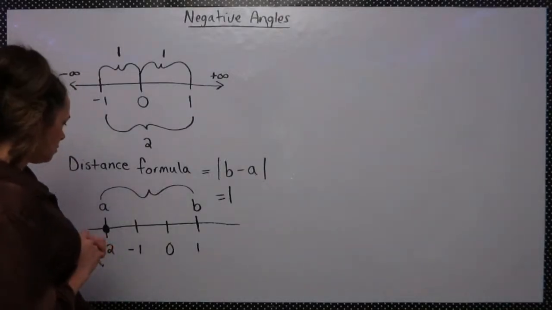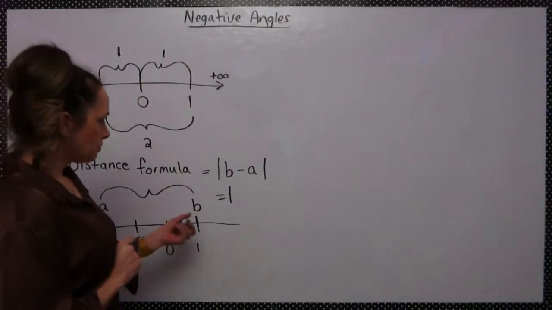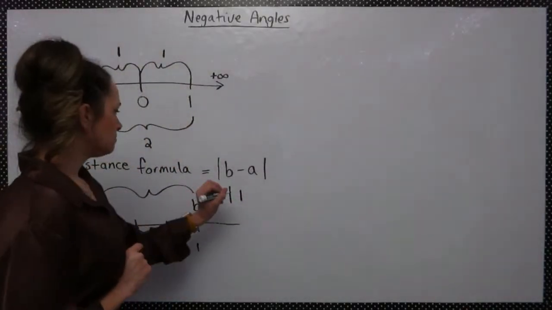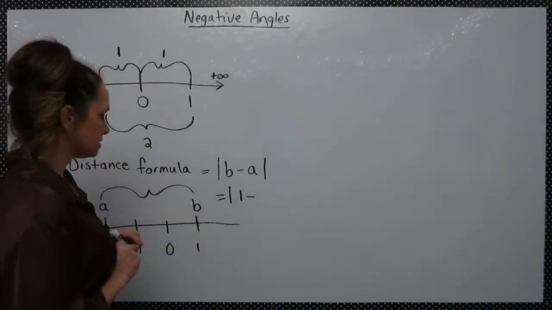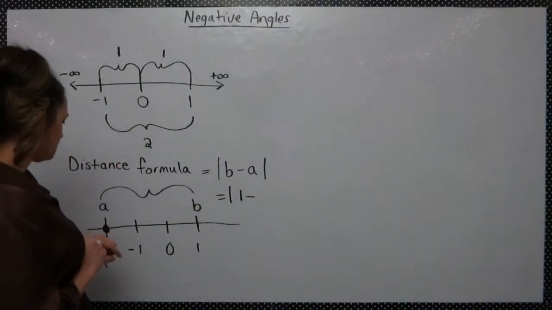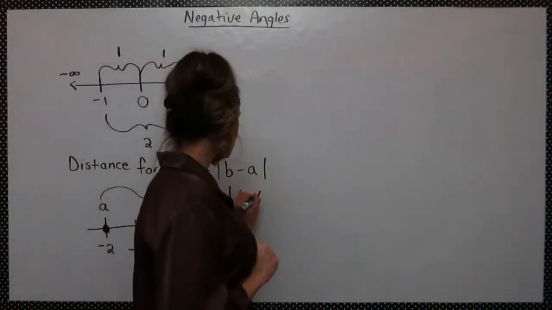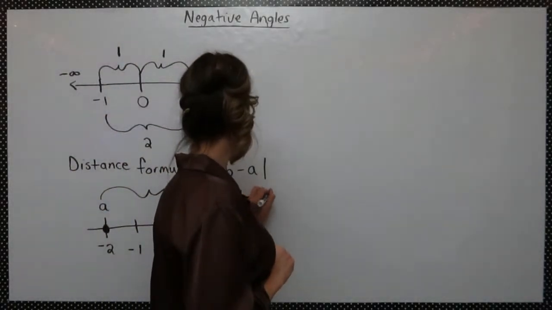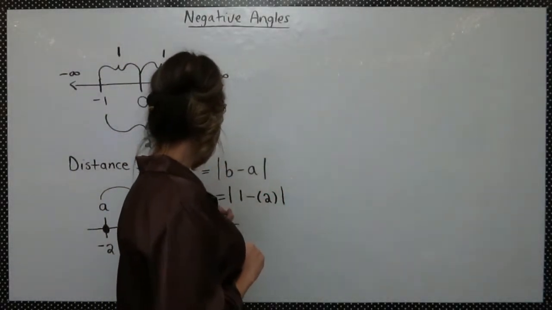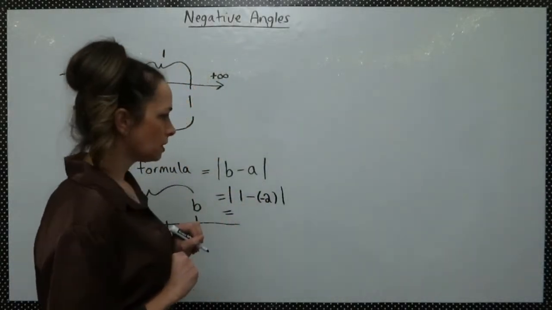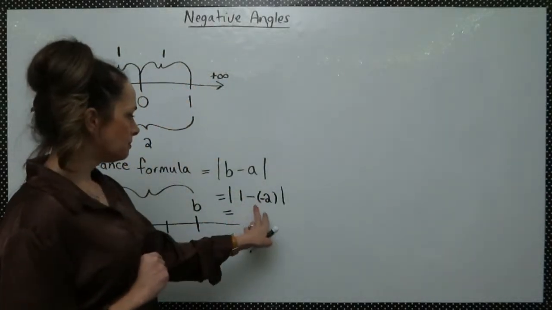And so I will plug in my formula. B is the quantity 1. And that's minus, because the formula says minus. And then my A is -2, so that I include an extra negative with the parentheses. And then I evaluate this absolute value. Oops, forgot the negative. And remember, 2 negatives make a positive.